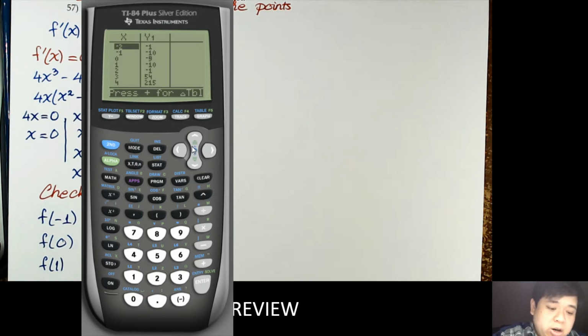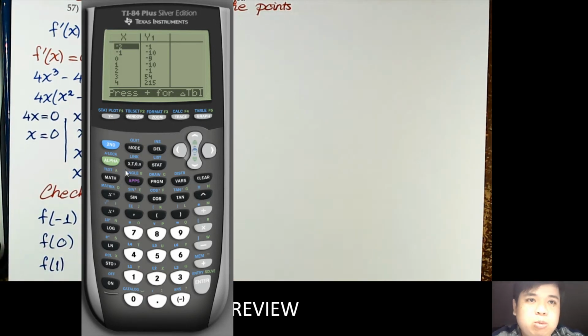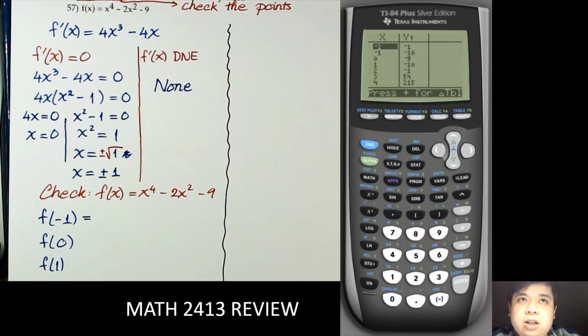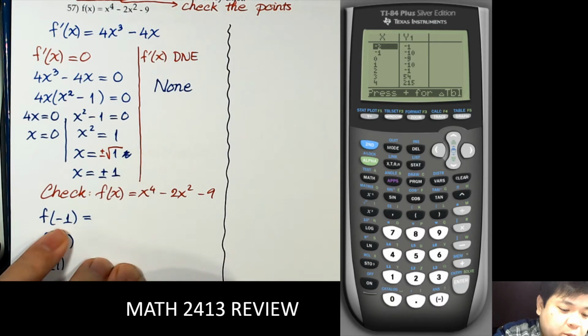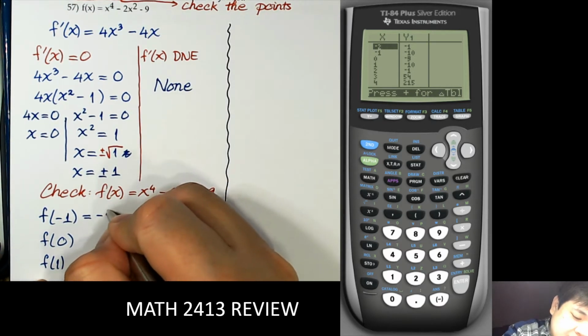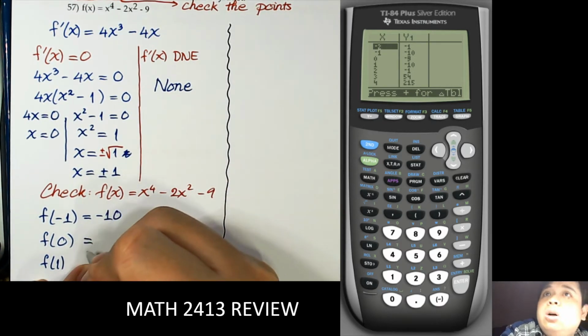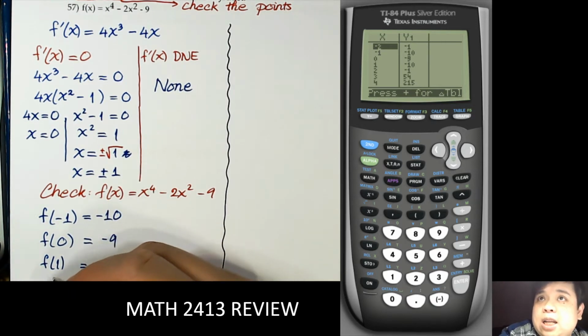When x equal to negative 1, the function is equal to negative 10. When x equal to 0, y equal to negative 9, and when x equal to 1, it is equal to negative 10.